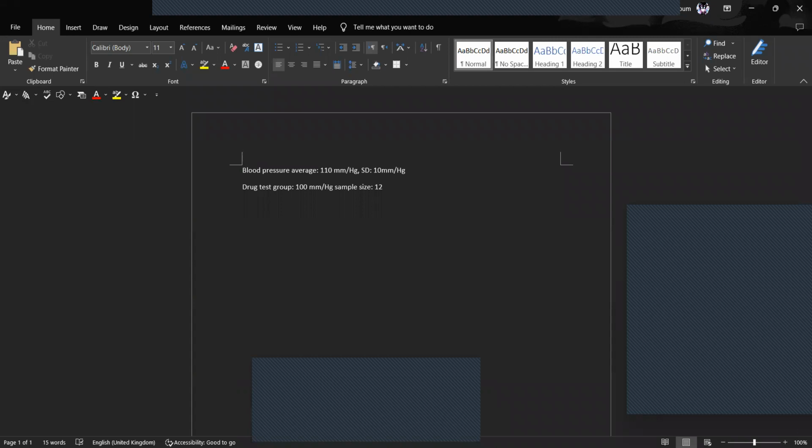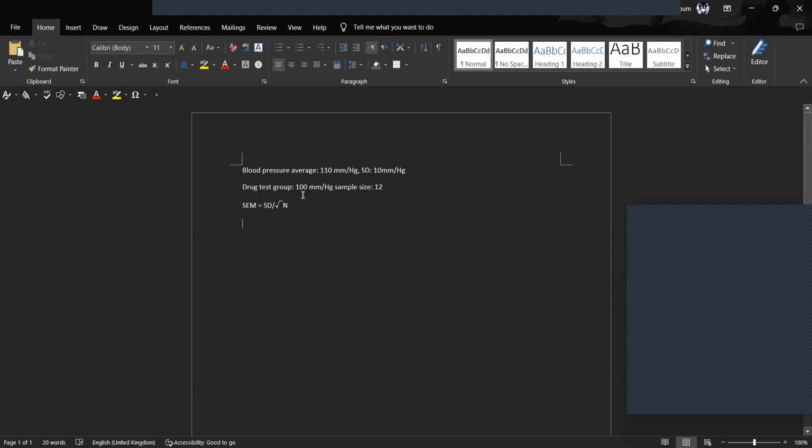I actually don't remember the exact equation, so I'm going to have to look at the equation for the standard error of the mean. So this is the equation for the standard error of the mean, and then what we can do is input the numbers that we got.